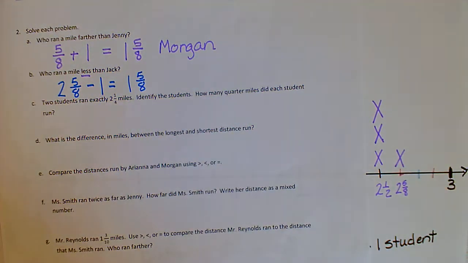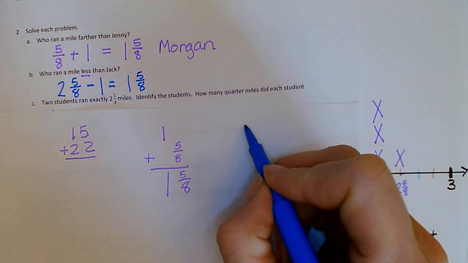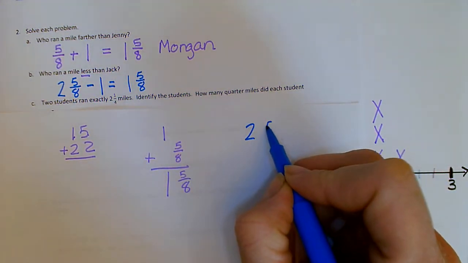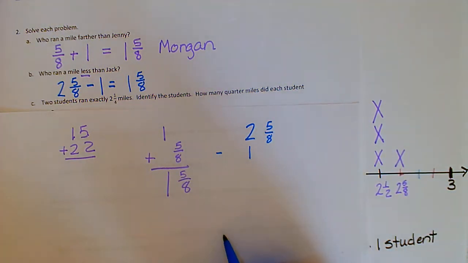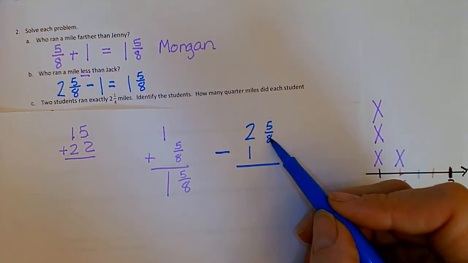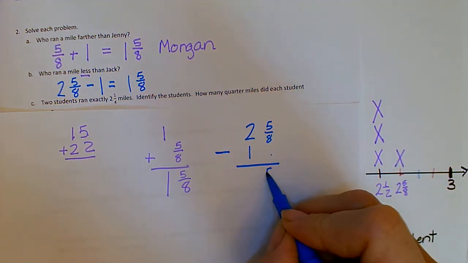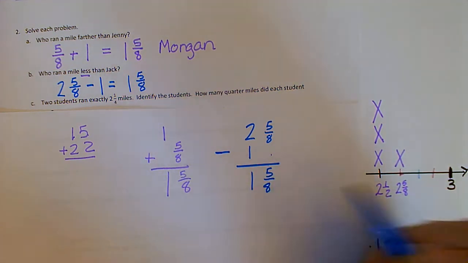And again, for those of you who do better when we do it vertically, let's show that. So we're doing 2 5/8, and we're subtracting 1 mile from that. So 5/8 minus nothing is going to stay 5/8. 2 minus 1 is going to be 1.